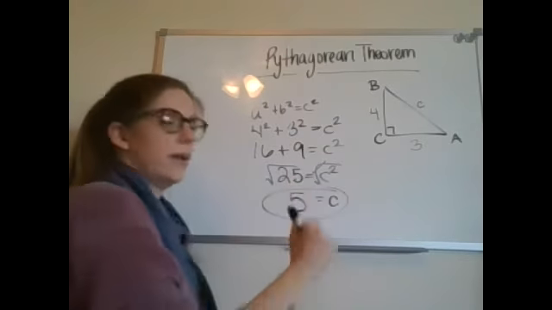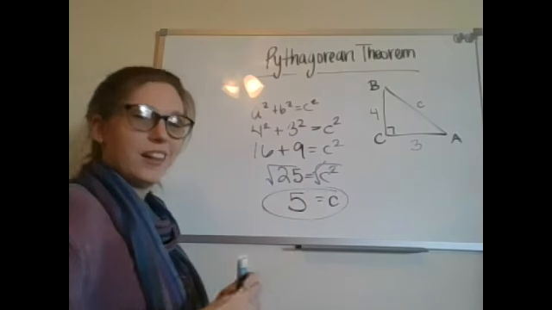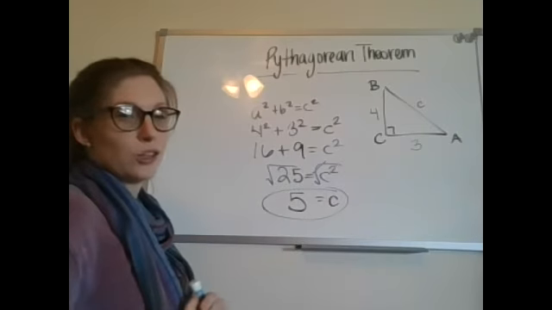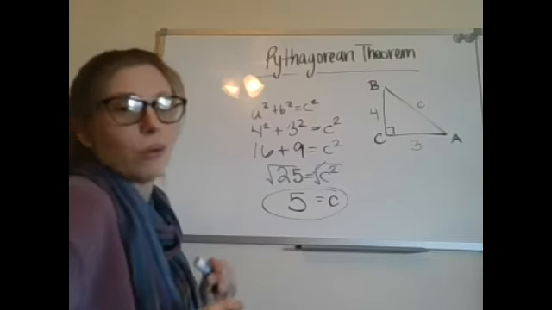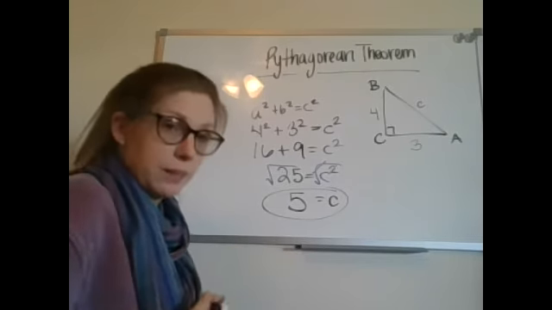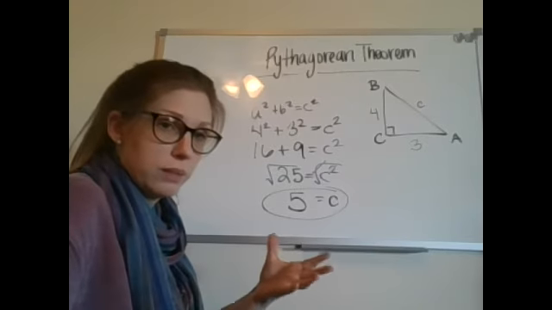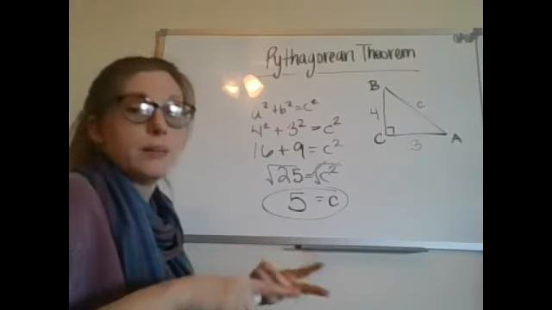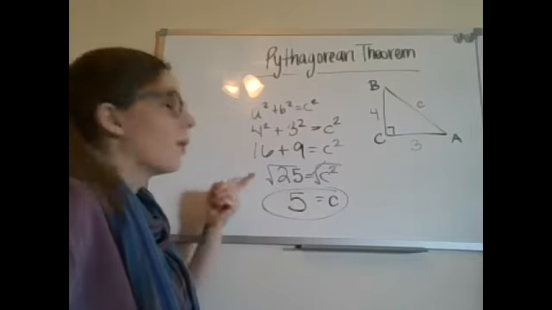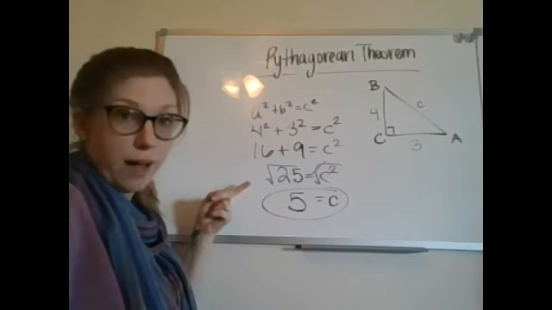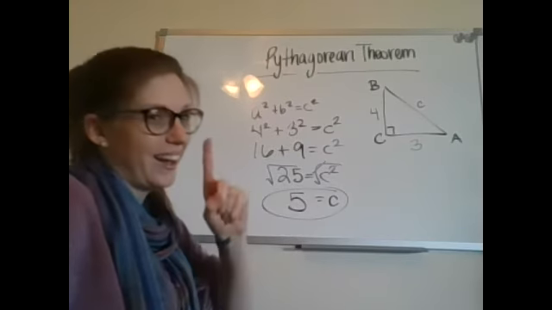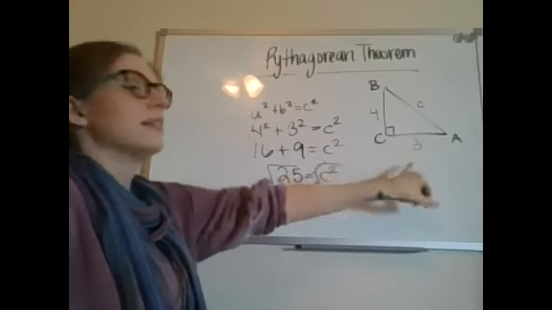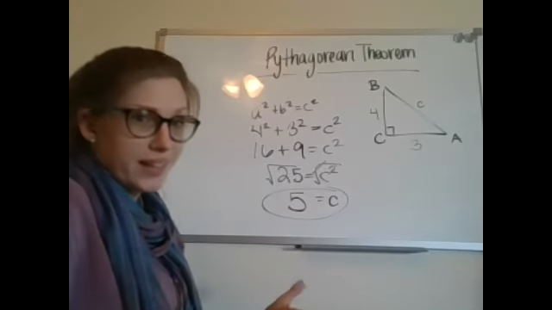And you're done. Now you might be thinking, Andrea, you silly math teacher, you didn't think about square root rules. Technically, when you take a square root of something, you get a positive and a negative answer because a negative times a negative is still a positive. So square root of 25 is also negative 5. But can a side of a triangle be negative?